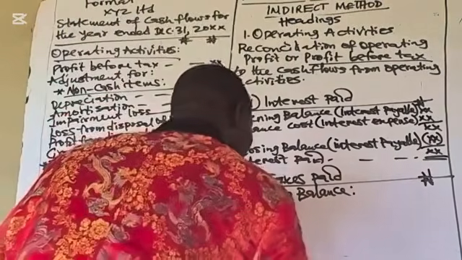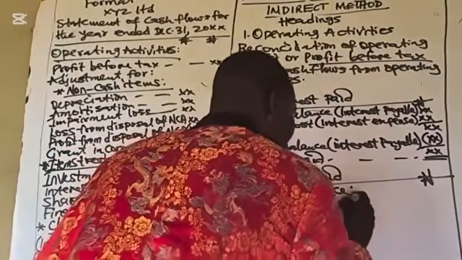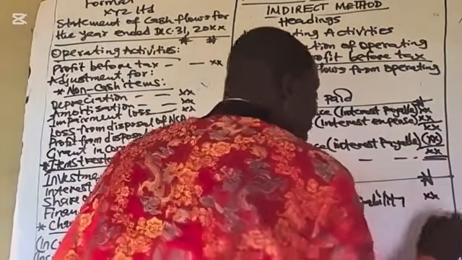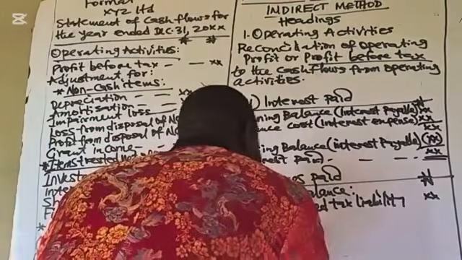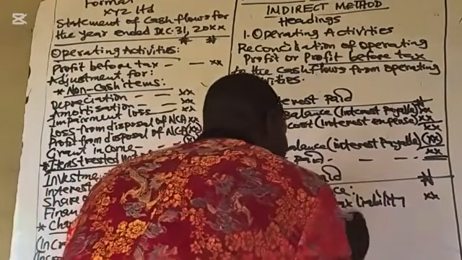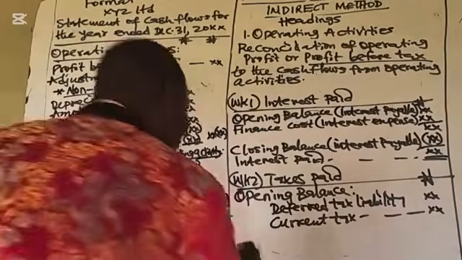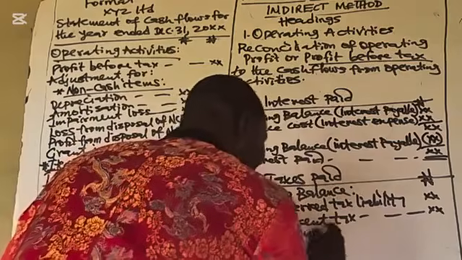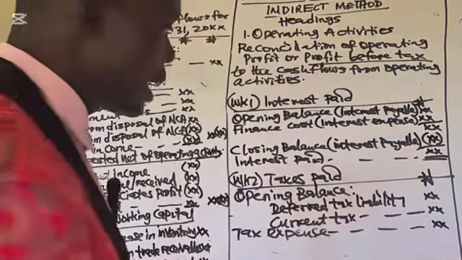So the opening balance, you pick that deferred tax liability. Then in your current liabilities, you have your current tax there. Then you now have tax expense. The amount of tax that is expensed in the statement of profit or loss, you add that.